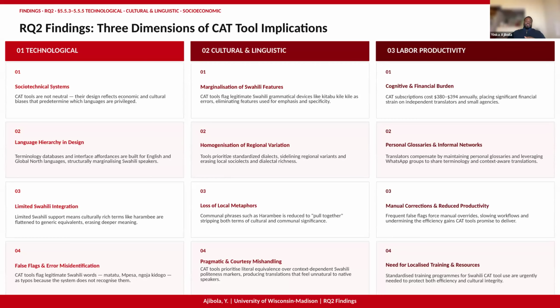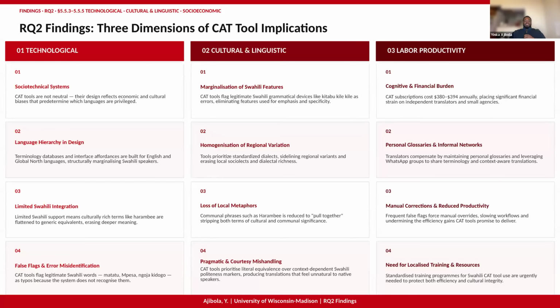It works much more for higher resource languages, which means a Swahili translator does not have enough storage to draw from. And so in practice, the system is less supportive and places much more of the workload on the translators.